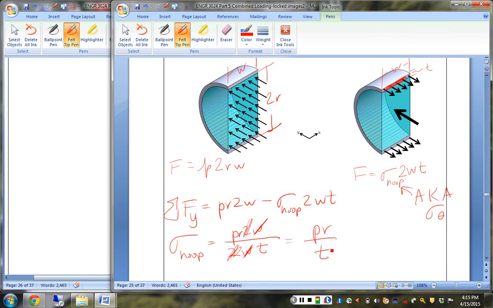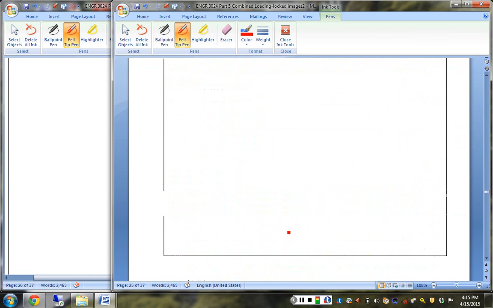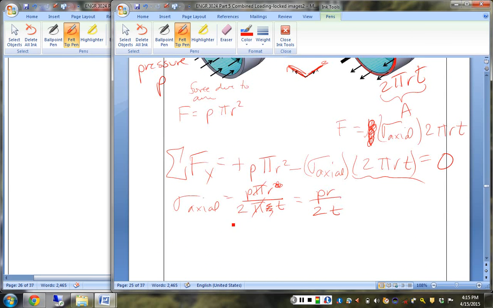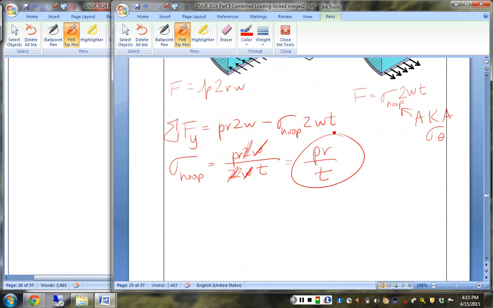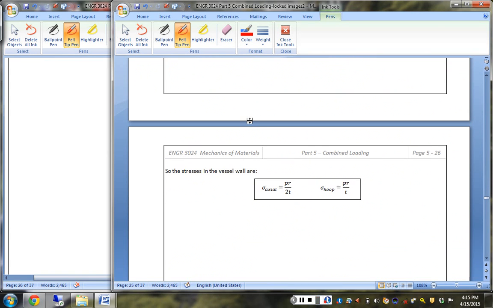So we end up with what fact does this tell us? This tells us that if this guy is PR over 2T, and this guy is PR over T, that tells us that our hoop stress is twice as much as our axial stress.